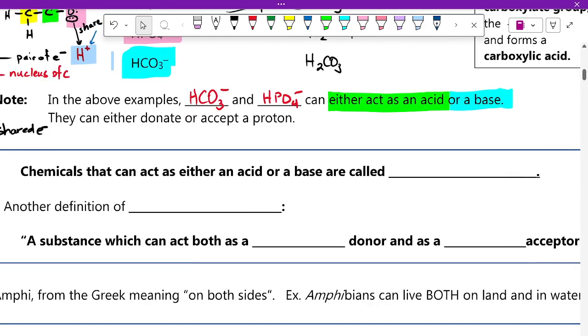Chemicals that can act as either an acid or a base, what are those called? What is that word? Tell your partner, say it out loud to your partner so you get used to the word. The name of a substance that can act as an acid or as a base.